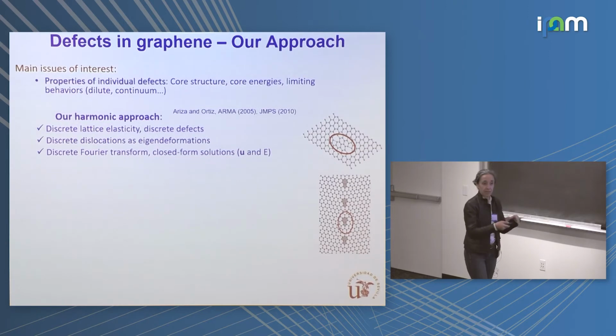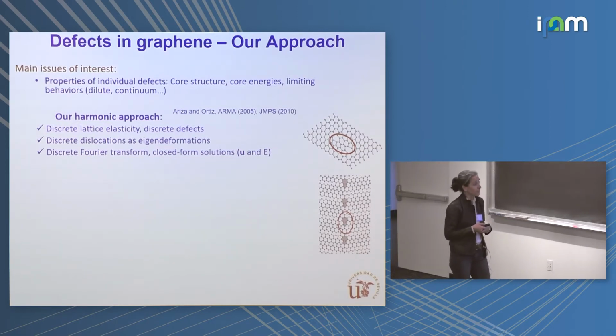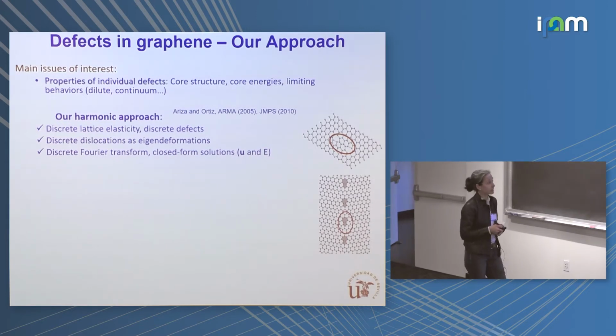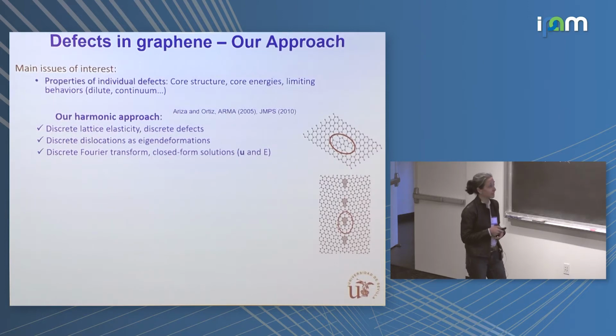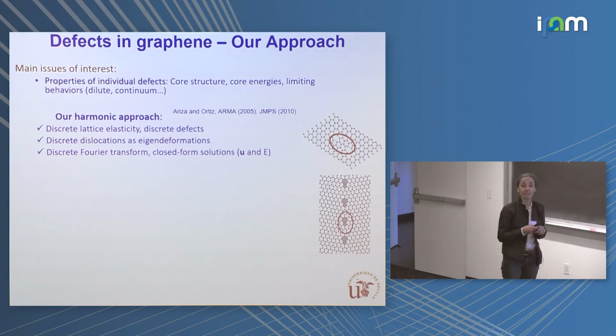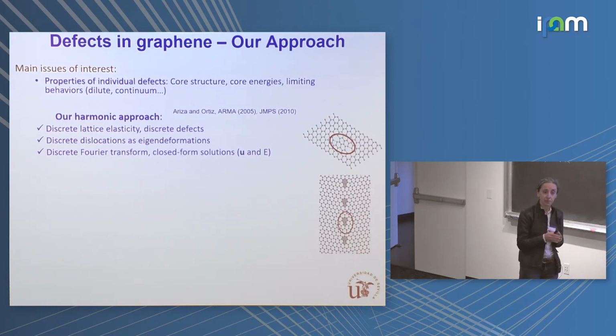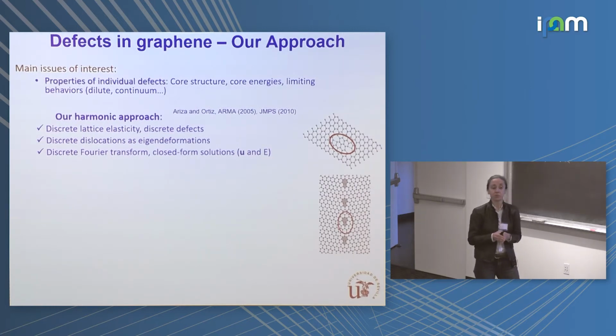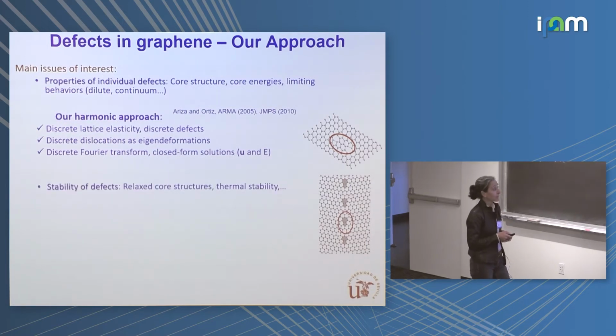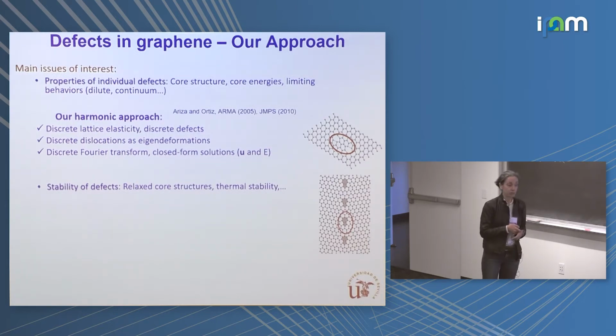Since then, we have been working and developing some other applications. This harmonic approach is based on discrete lattice elasticity, discrete dislocations, and eigendeformations. This is the way we introduce slips within the lattice, and we introduce dislocations in a very easy way. And we study, as I said, properties of individual defects and the stability of those defects.